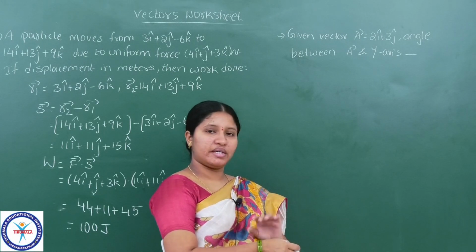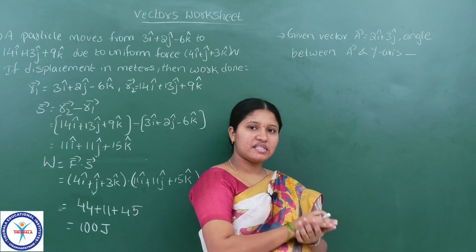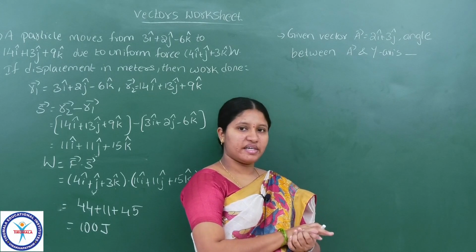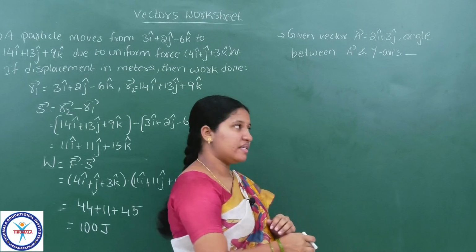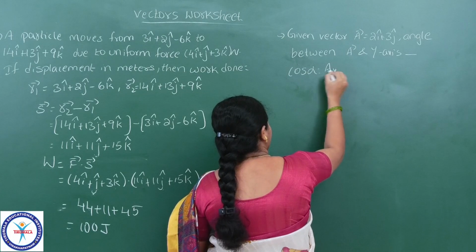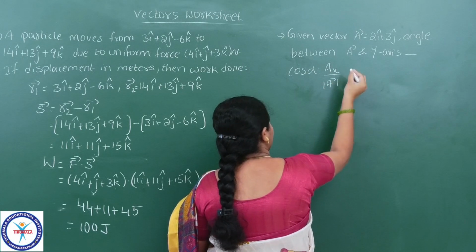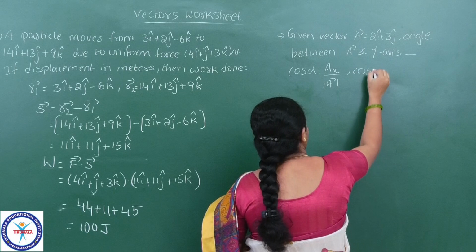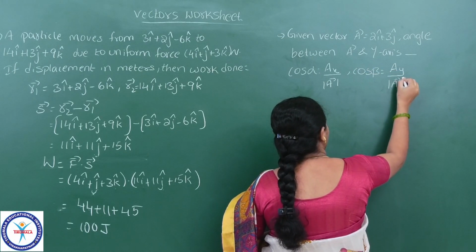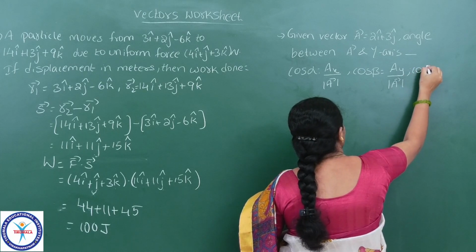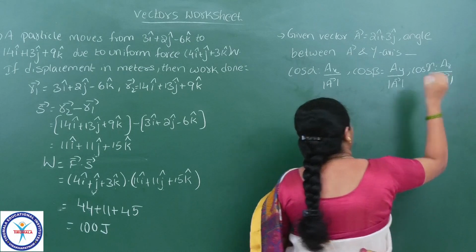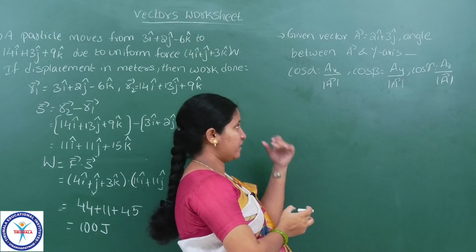If alpha, beta, gamma are the angles made by the given vector A bar with x, y and z axis, then cos alpha is given by ax by mod A, and cos beta is given by ay by mod A and cos gamma is given by az by mod A. So, these are the direction cosines.